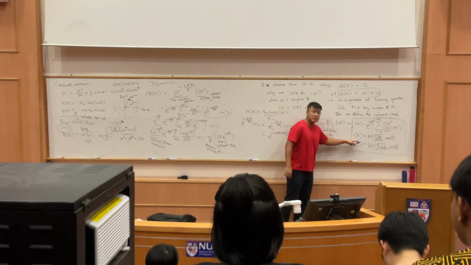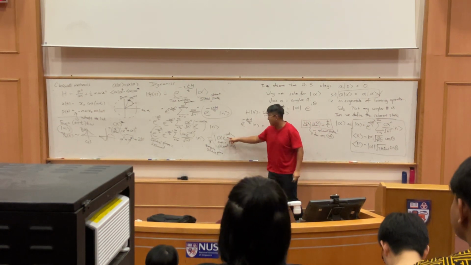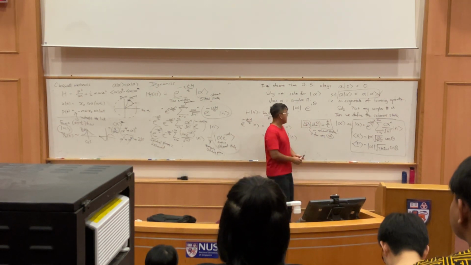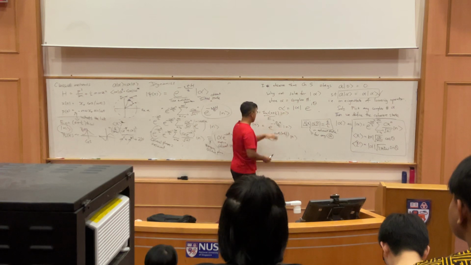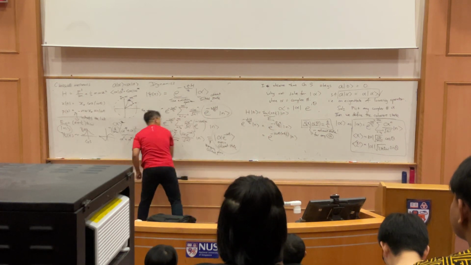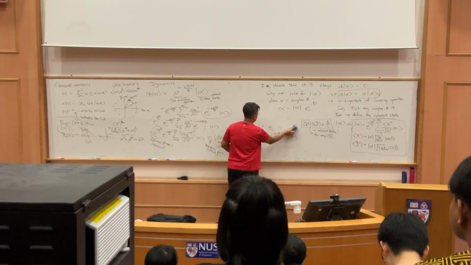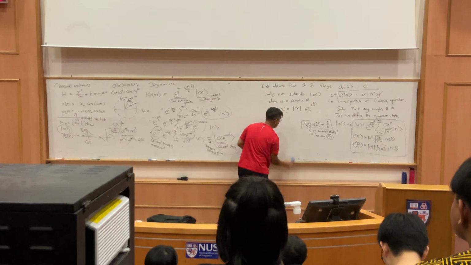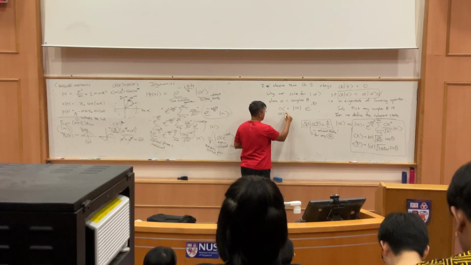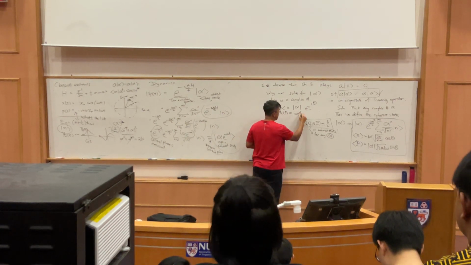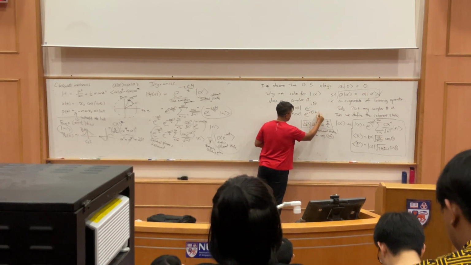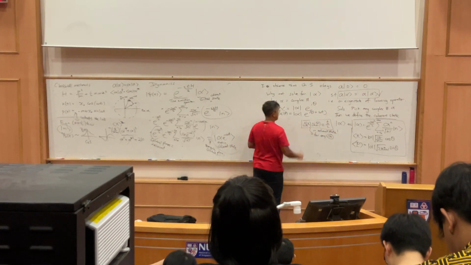So let me just substitute alpha equals e to the power minus i omega t in here. So now, instead of alpha being this, in time alpha t is nothing more than alpha times e to the power i beta plus omega t.